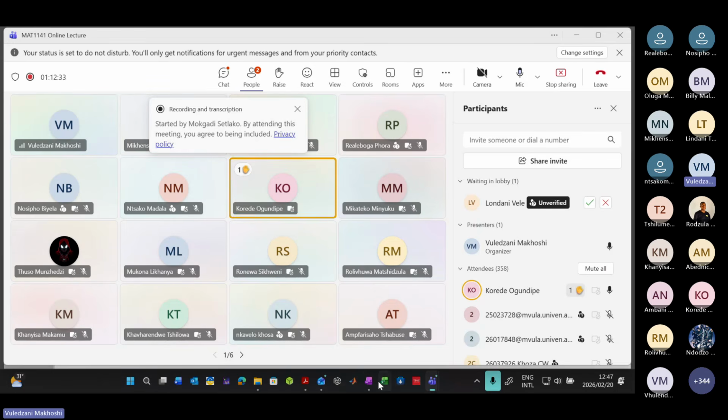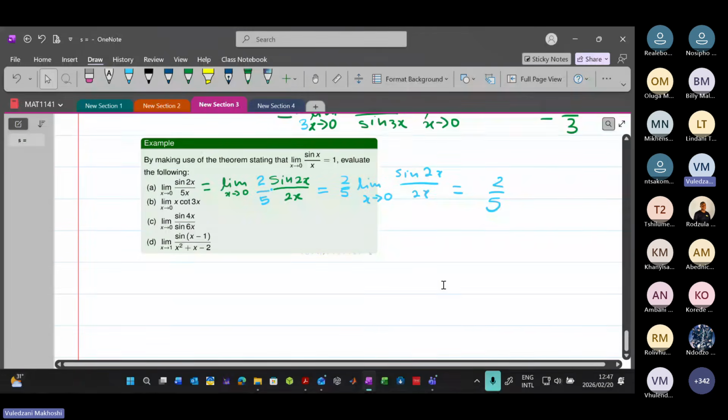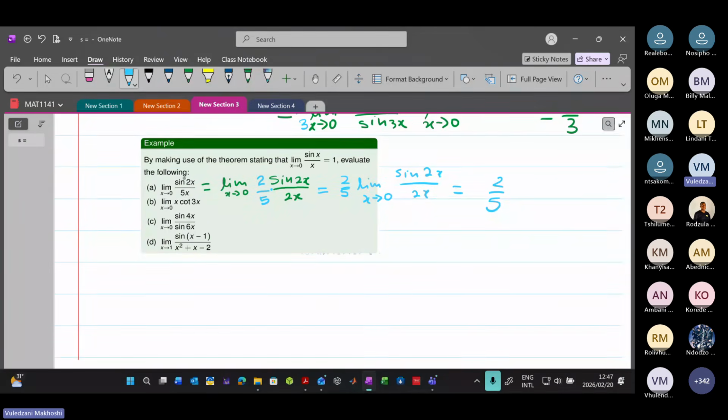Okay. So what we have here is sine of 2x over 5x. But the theorem tells us that the argument of a sine should be the same as our denominator there.